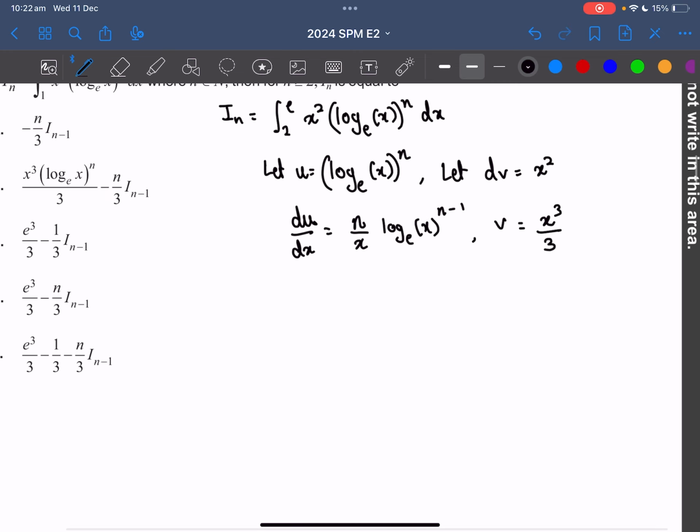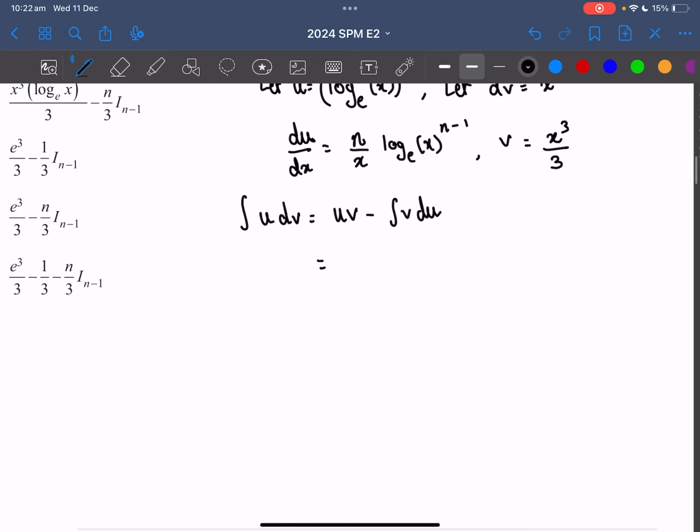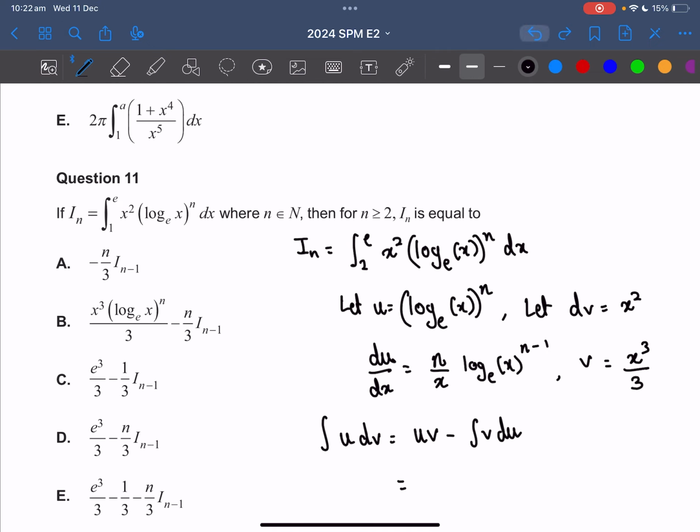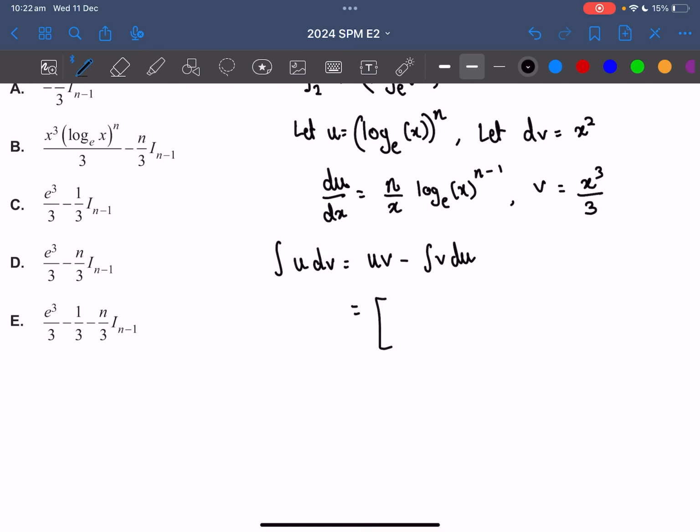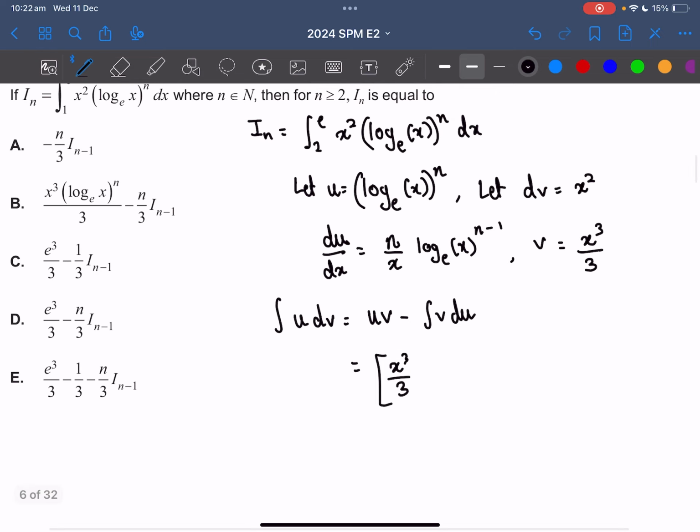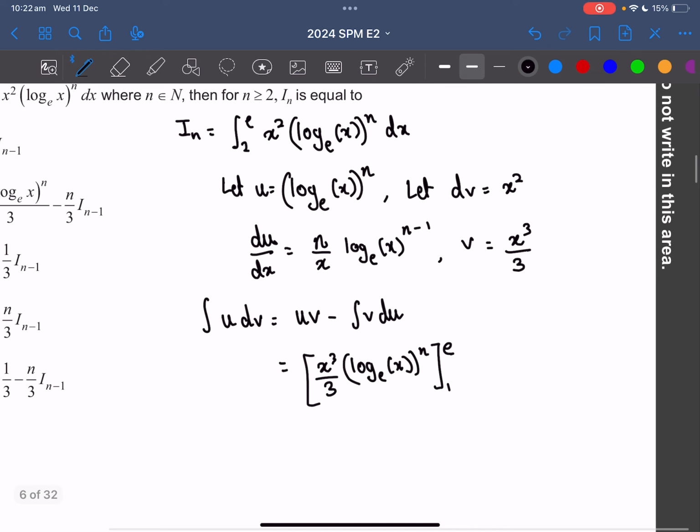Now we know the formula for integration by parts is the integral of u dv equals uv take away the integral of v du, right? In this case, since we already have the bounds, u times v is going to be x cubed on 3 times (log base e of x) all to the power of n, and this is a definite integral, so our bounds will be the same, 1 to e, and then take away the integral of v du.